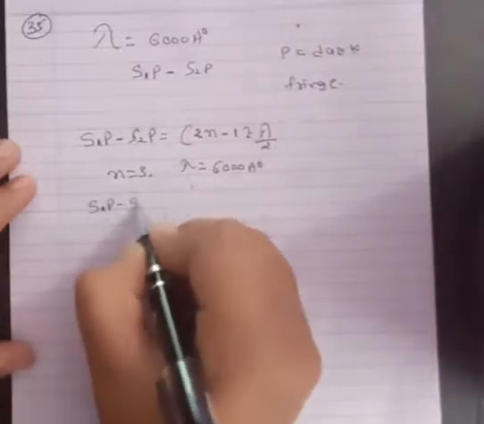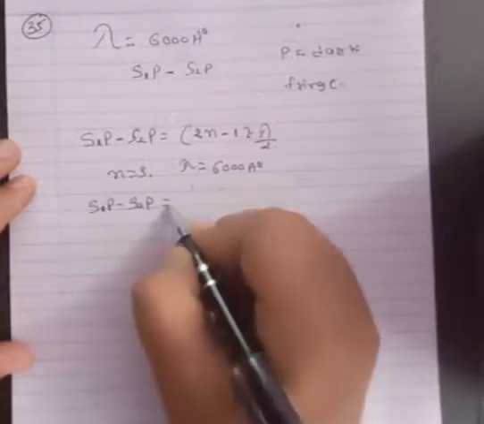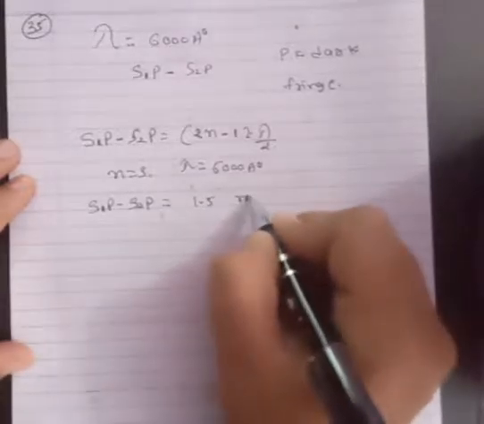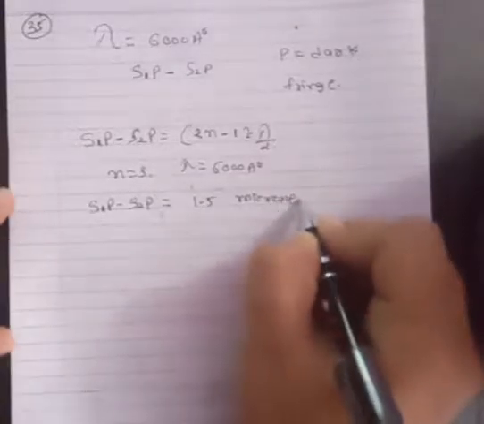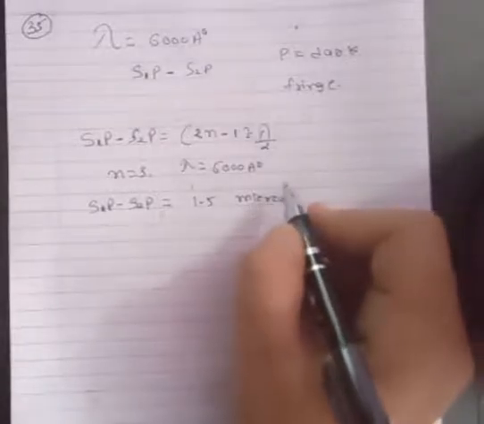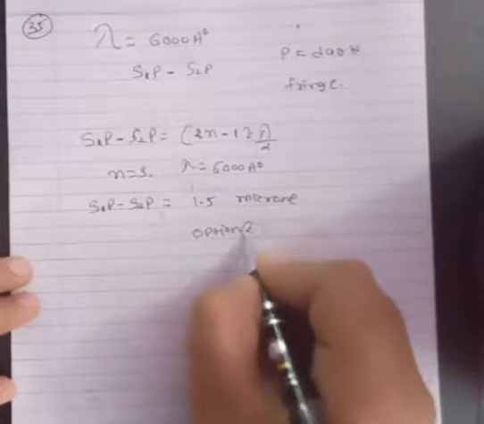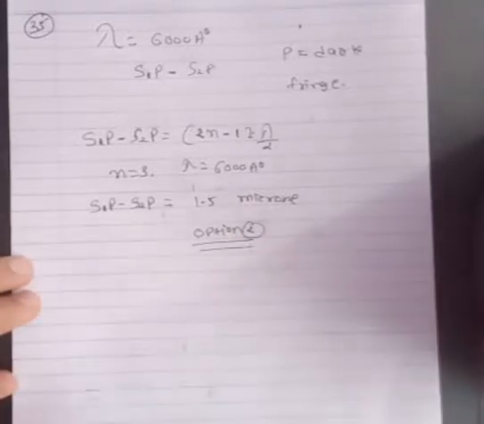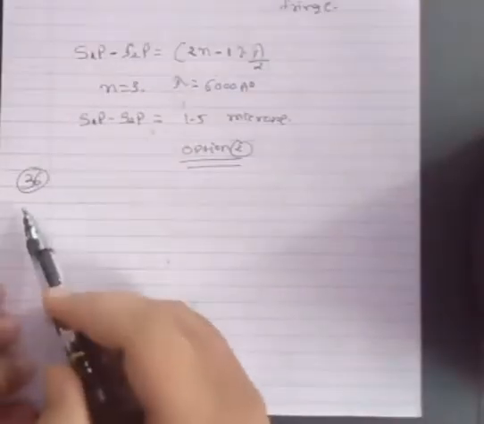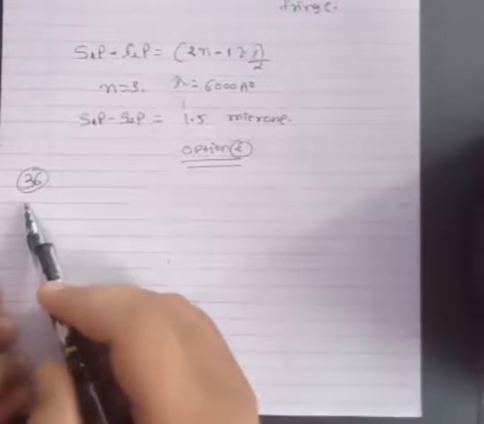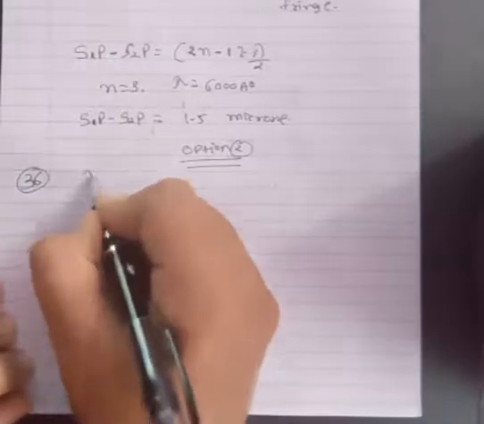So S1P minus S2P will be equal to 1.5 micron. So option 2 is the correct option.